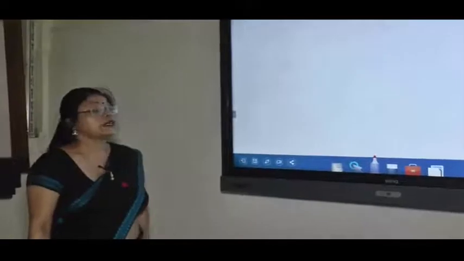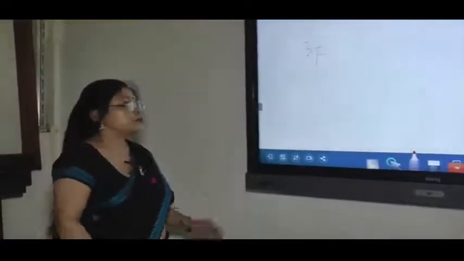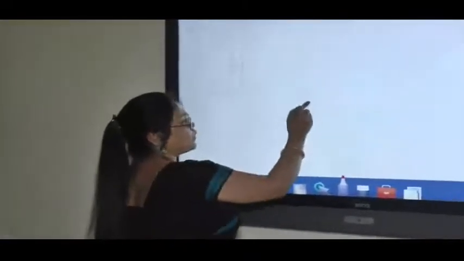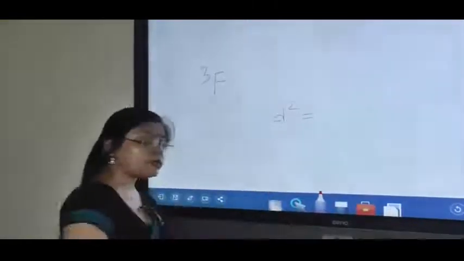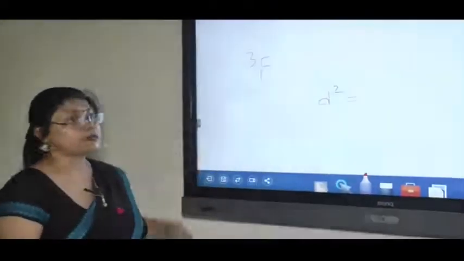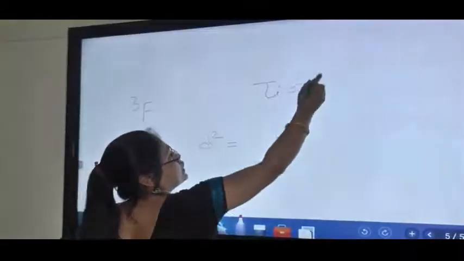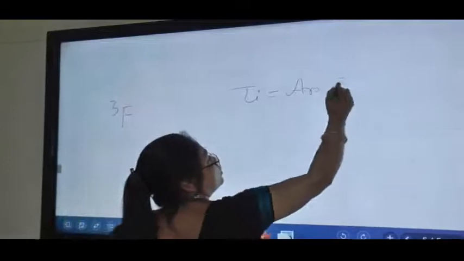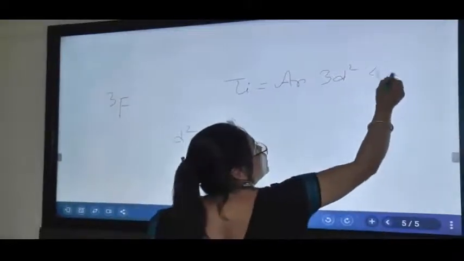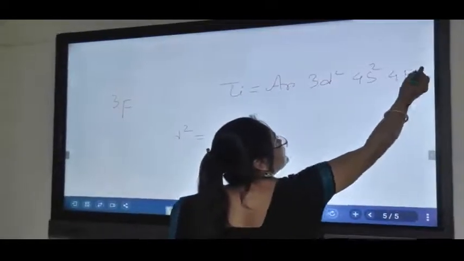Now why are we calculating all these things? Because, see, for d2, which particular ion has this configuration? Suppose we have titanium with electronic configuration argon 3d2 4s2 4p0.